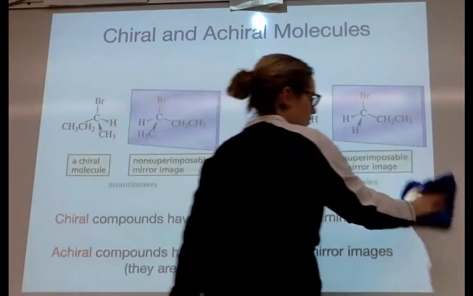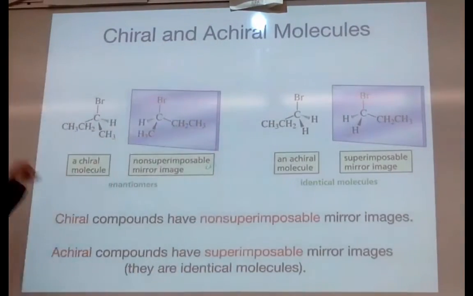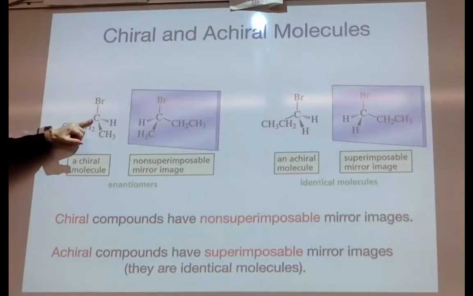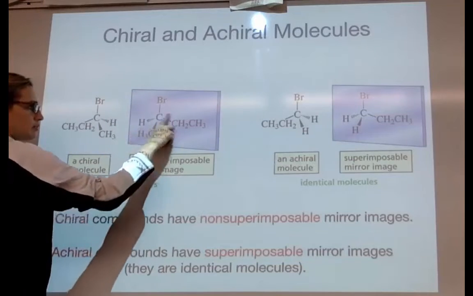So, chiral and achiral molecules. This is similar to the models that you built yesterday with the model kits. And what I like about the model kits is that it lets you actually hold the molecule and rotate it. So when you look at this original molecule connected to 4 different groups, this is a chiral center, which makes it a chiral molecule. It has a chiral center. When you look at the mirror image, so imagine a mirror here. Here's your mirror image.